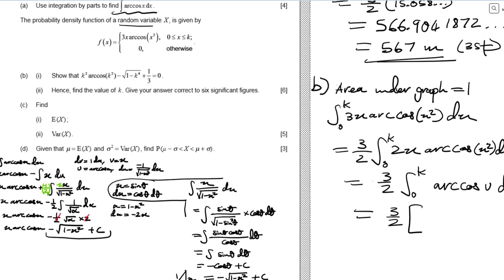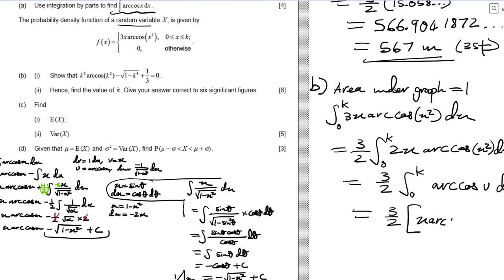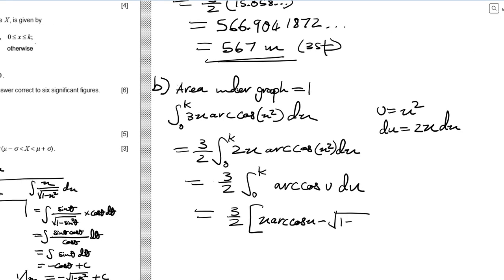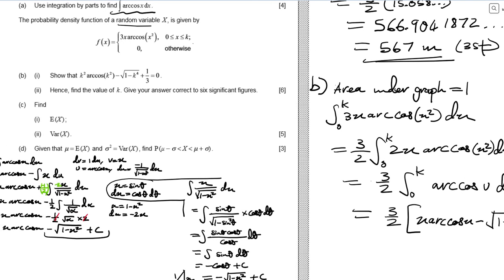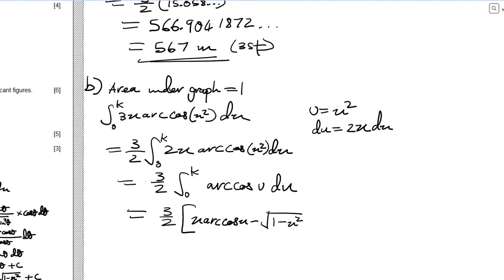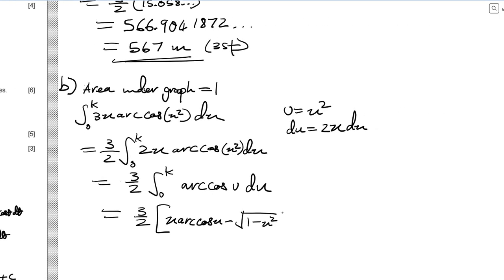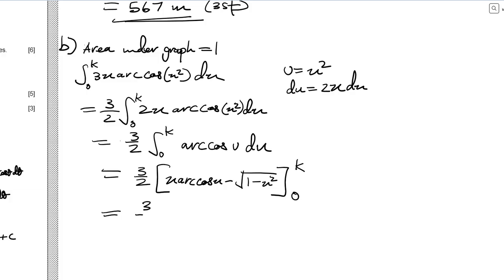We just bring in our result, x arccos x minus root 1 minus x squared, and there's a plus c, but we have bounds now, so the plus c does not make a difference. 3 over 2, then we have k arccos k minus root 1 minus k squared, and then we have 0, right?